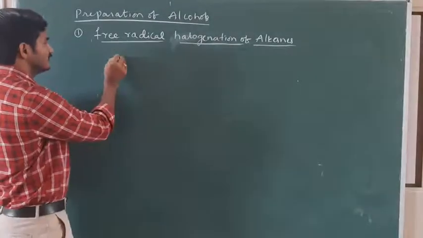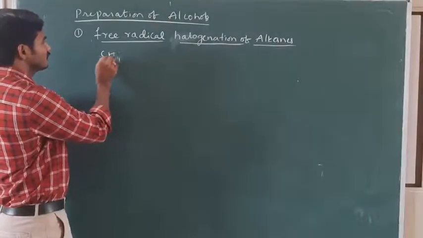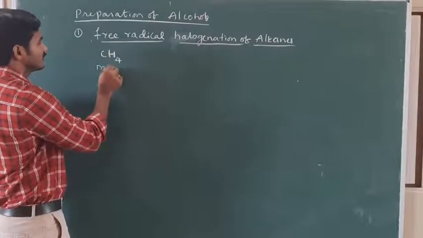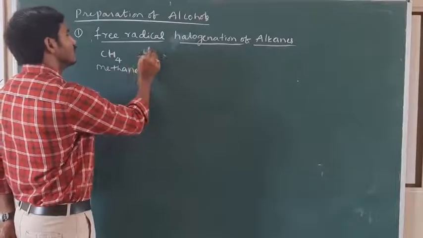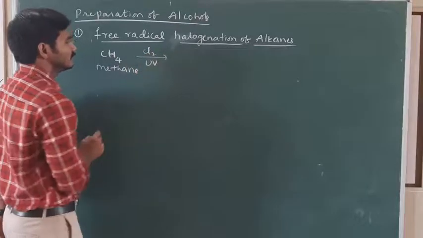Here I write one reaction. CH4 is methane. Methane on reaction with chlorine in the presence of UV light. This light makes this CH4 molecule dissociate as free radicals. So we get CH3 radical plus H radical.